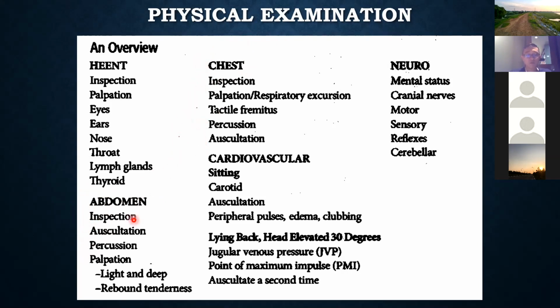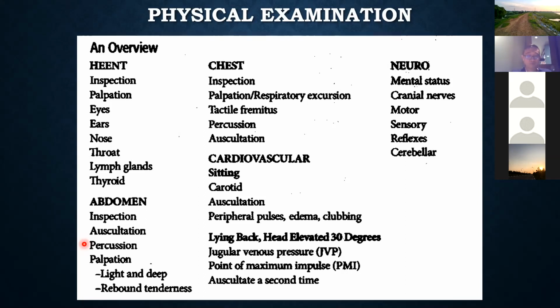For example, if for some reason the patient has a history of atherosclerosis and the patient has an AAA, or abdominal aortic aneurysm, a ballooning of the abdominal aorta, and of course the patient has the risk of rupture, right?